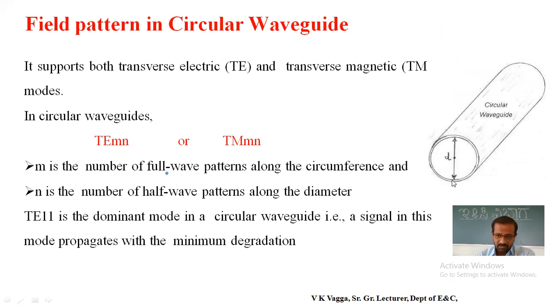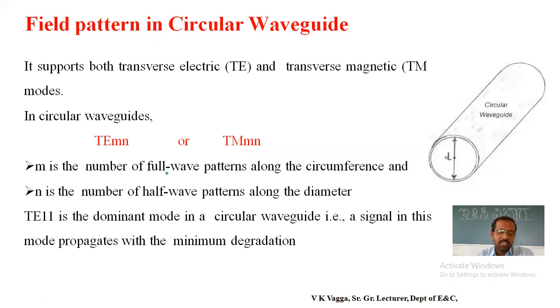So if it completes one circle around the circular waveguide, that is going to represent the value of m here. And the value of n is going to form along the diameter, one diameter. That is going to form the value of n.